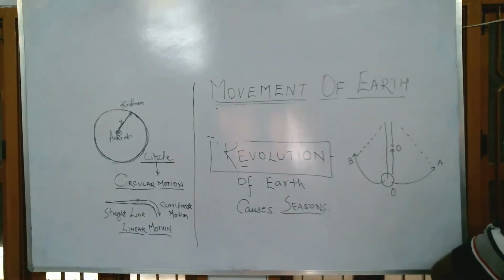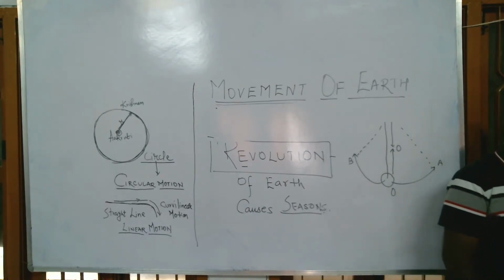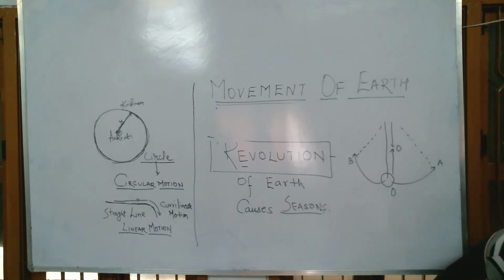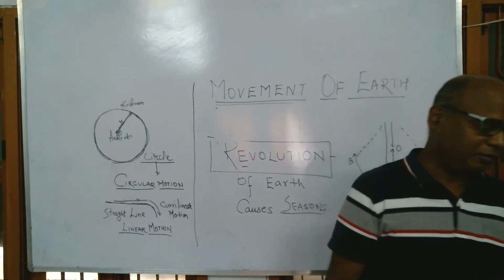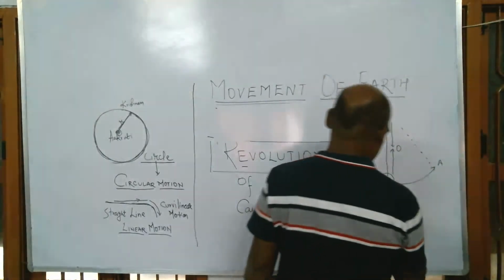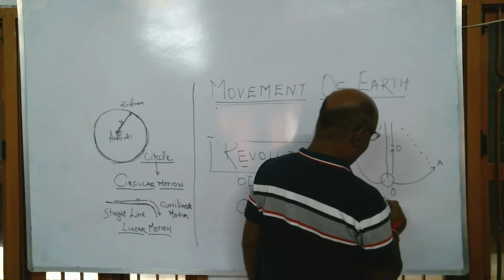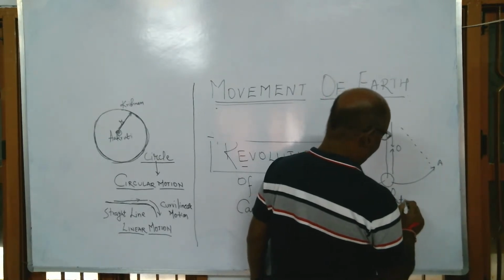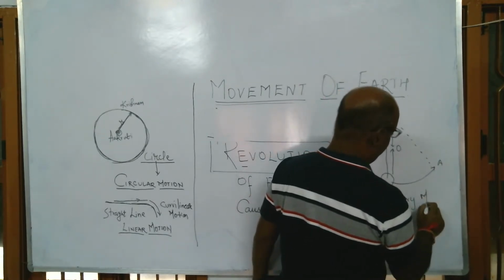If you are speaking in English, what will you say for that: the bob is dash? Is it vibrating? Is it showing linear motion? I already used this word, that's why I am asking. Sonakshi has written correct. A little bit of spelling mistake is there. No problem. We'll try again. Oscillatory motion. That is called oscillatory motion.